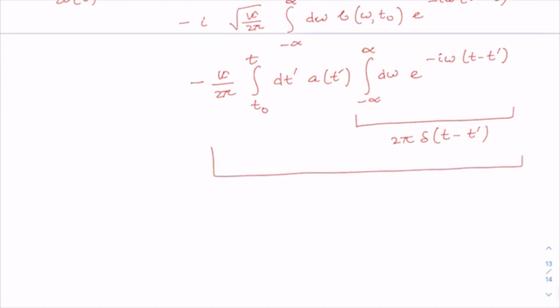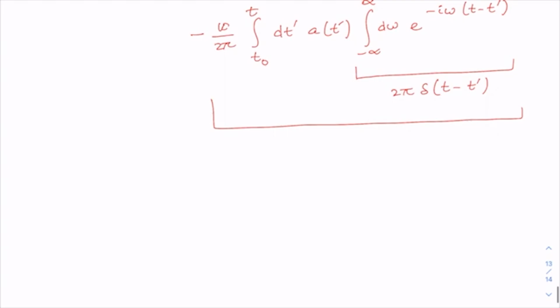We have kappa by 2 pi integration t0 to t dt dash a of t dash, and here I have 2 pi delta t minus t dash.